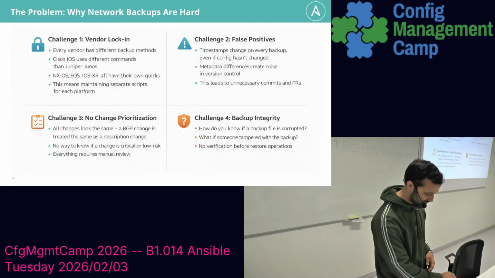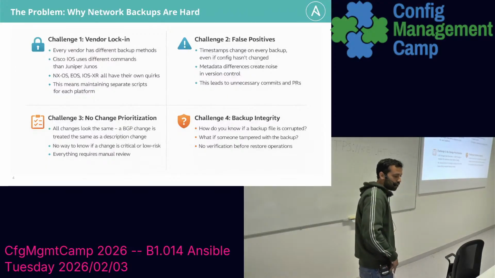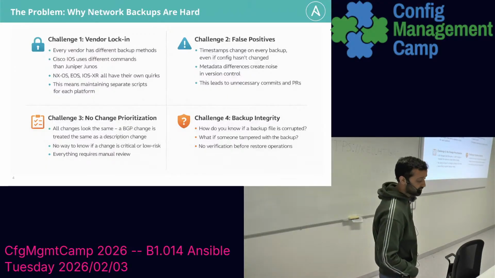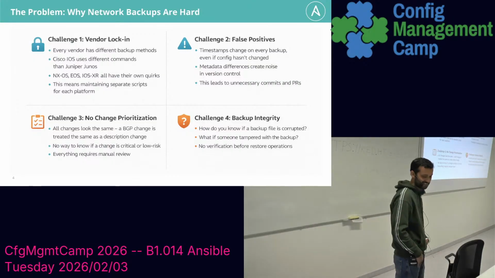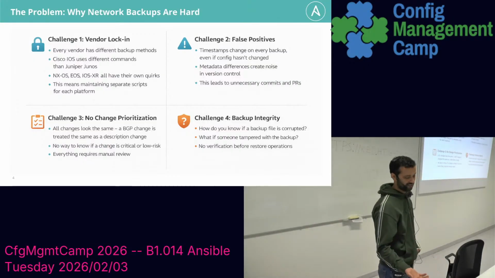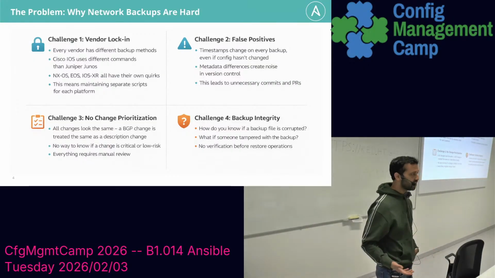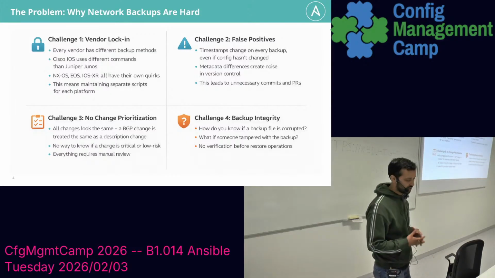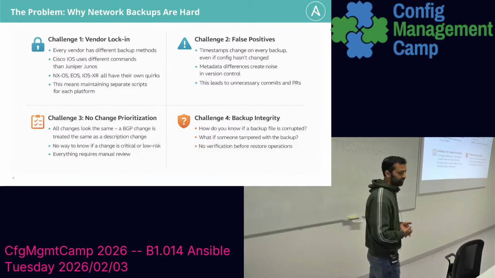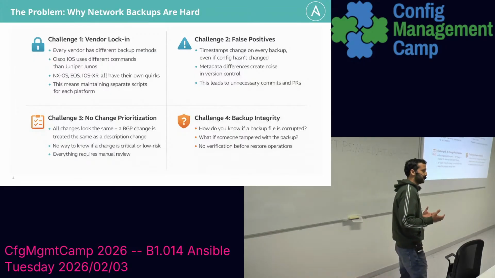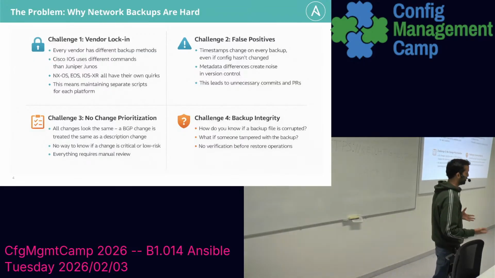So let's talk about the problem here, why network backups are hard. Some of you might not feel like those are hard, but these are the things or the feedback we have got so far from customers and from the community. Challenge one is vendor lock-in. Every vendor has a different method of backup operations.